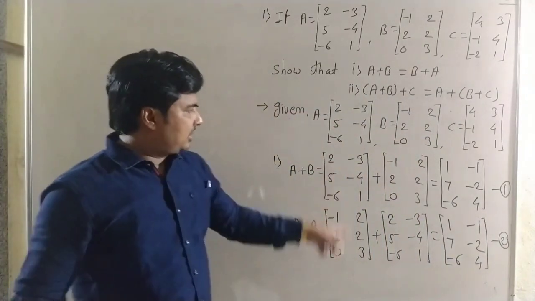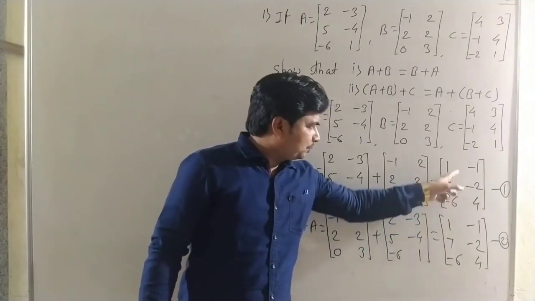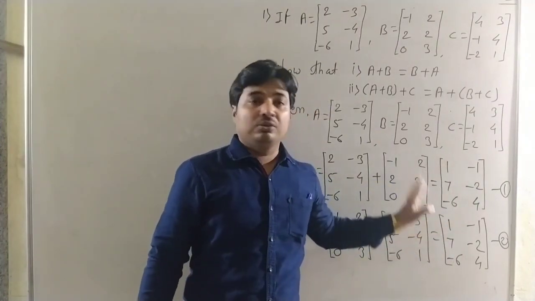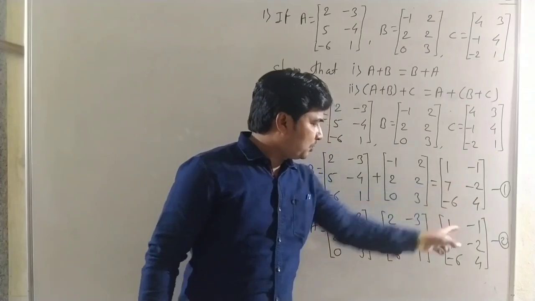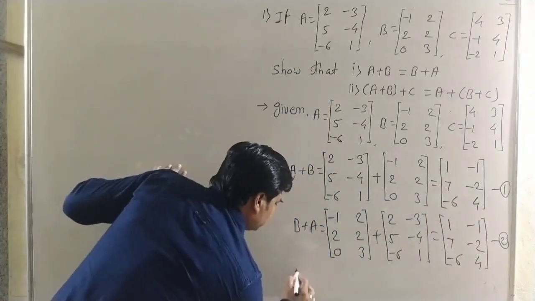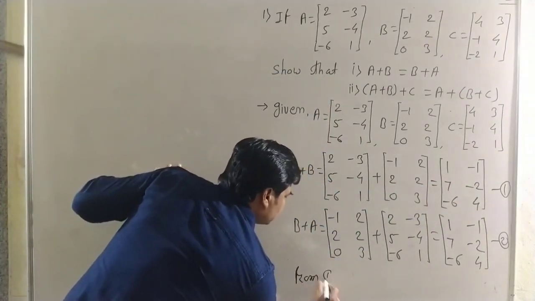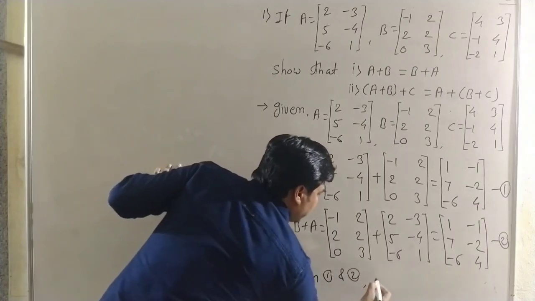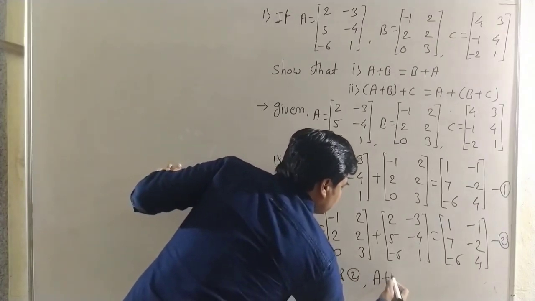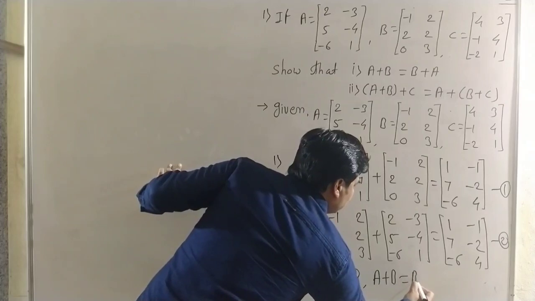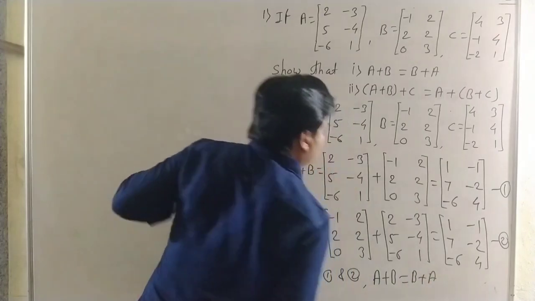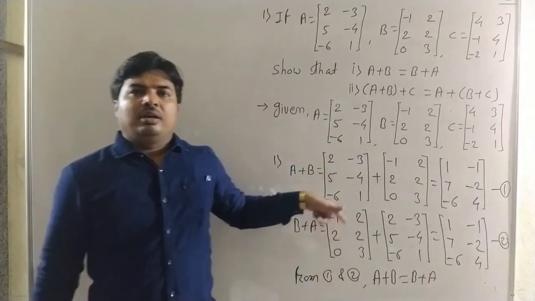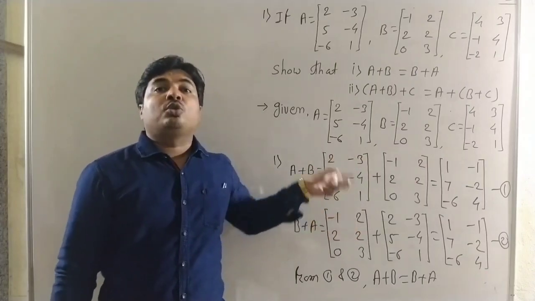Check this. From 1 and 2, both matrices are equal. All corresponding elements are the same. From 1 and 2, we can write A plus B is equal to B plus A. That means the addition of matrices is commutative.